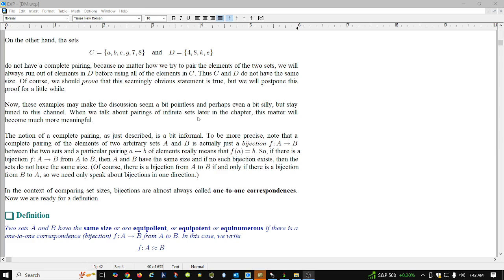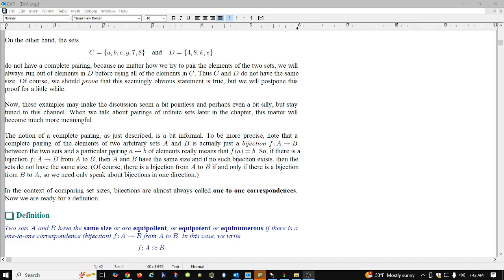If we have a bijection going in one direction, we have a bijection going in the other direction. We just take the inverse. So I can speak in terms of bijections from A to B, or bijections between A and B. So if there is a bijection between two sets, we will say that those sets have the same size.